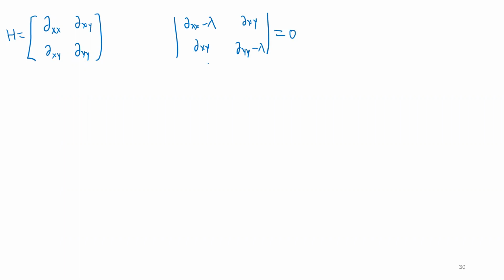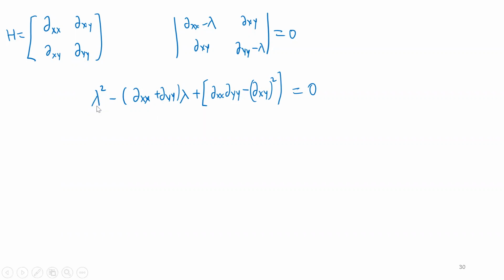If you go ahead and expand this thing, you will find that it equals this. Just expand it, you'll find this. Now I want to know the signs of lambda, so the signs of the roots of this equation over here.